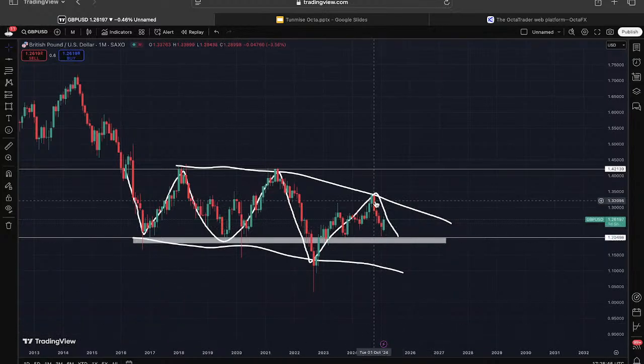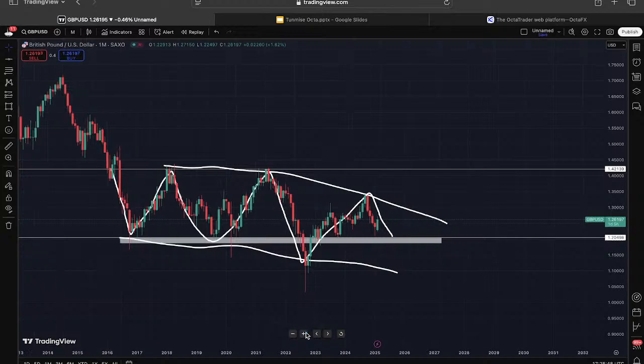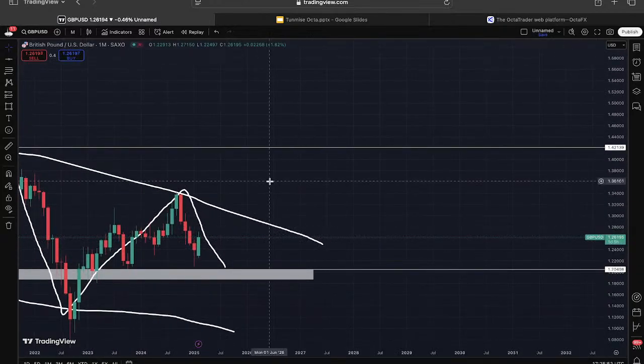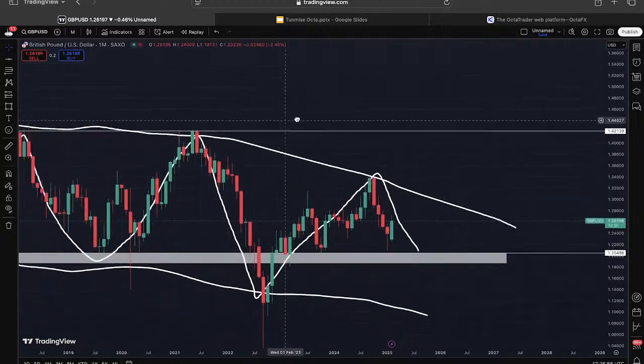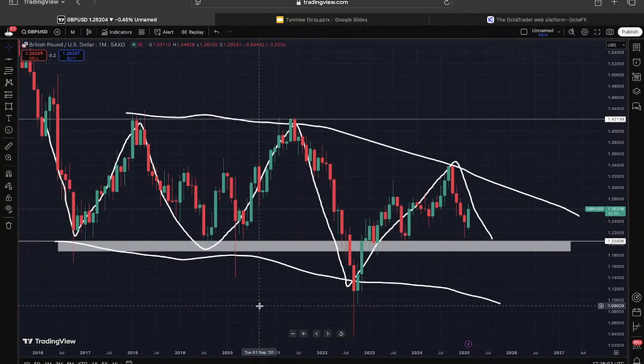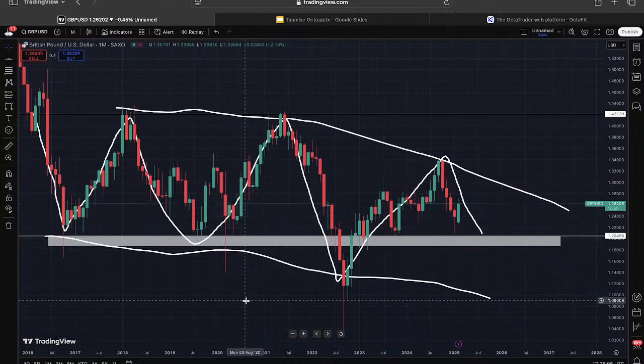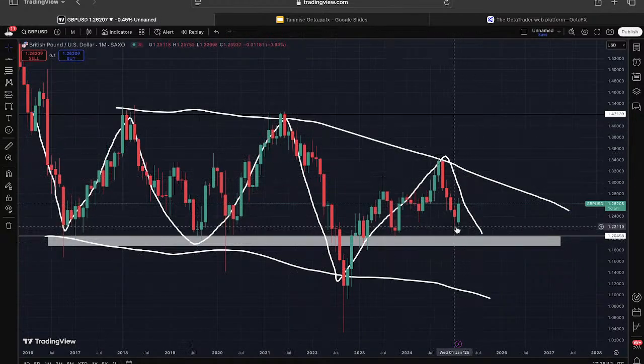Okay, and when we look closely from what we have here, we can see that last month there was a wick to the downside of this bearish candle, indicating buyers are very active at this level.